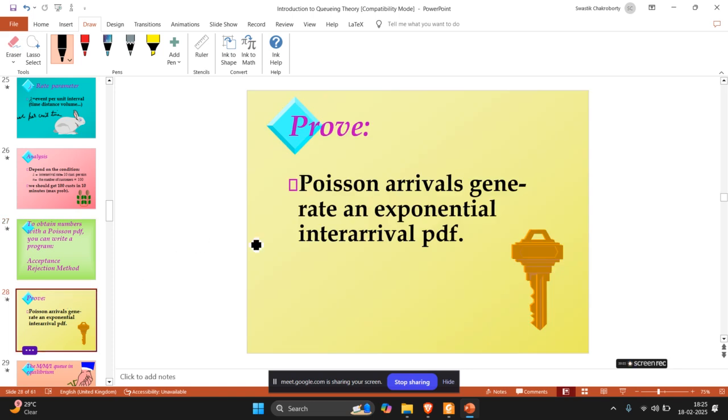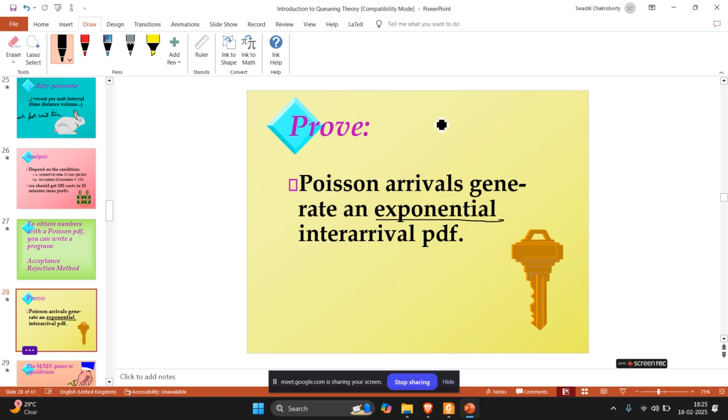Now, if the arrival process that we described is Poisson, then what about the inter-arrival time, that is, the time between two packets? The theorem states that if the arrival of packets is governed by a Poisson process, then the inter-arrival time between two packets is given by an exponential PDF.